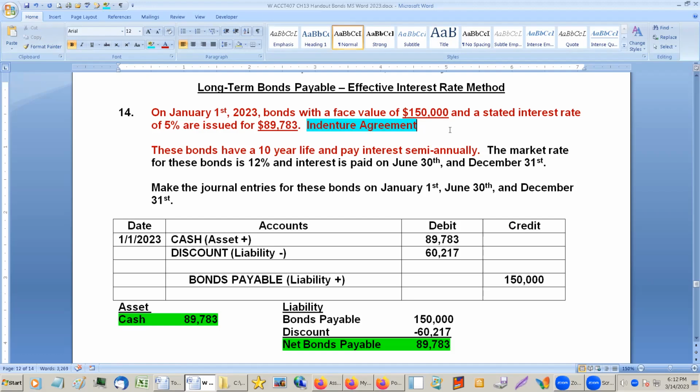This is the contract between the buyer of the bonds and the seller, those people that are lending us money, and us. This is the agreement. We're telling them, look, we're going to pay interest on 150,000. We're going to pay it at 5%, and we're going to pay it semi-annually.